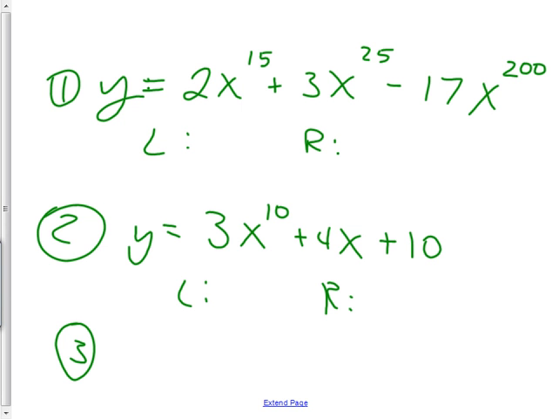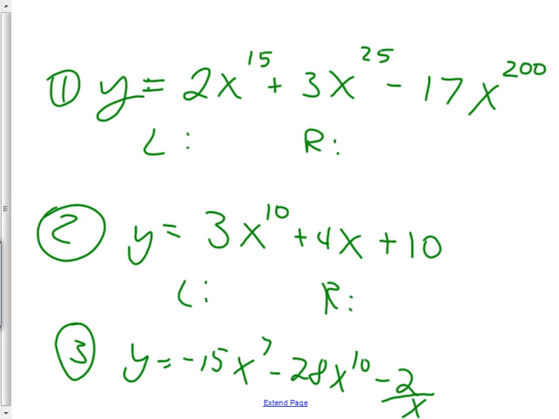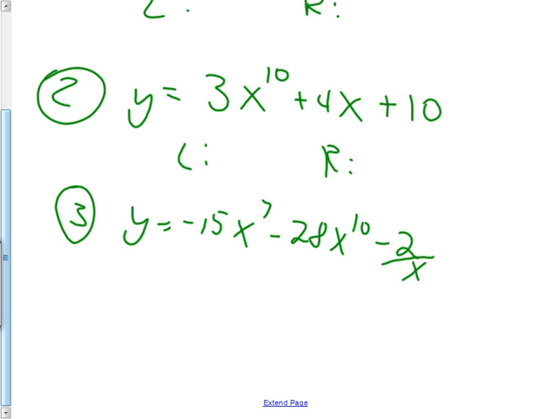And the last one will be a stretcher. If you haven't answered number 1 yet, you're probably not going to be able to. I'm moving that up.